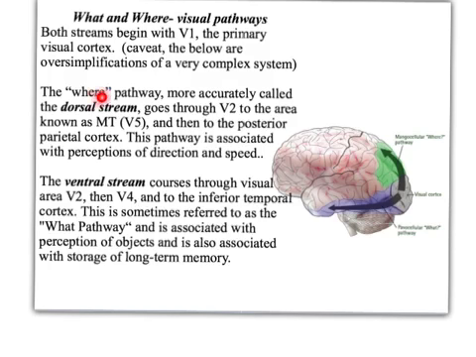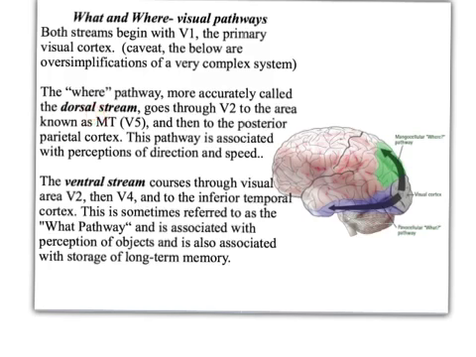The where pathway, more accurately called the dorsal stream, remember that, goes through V2 to the area known as MT, the middle temporal, and then to the posterior parietal cortex. So this is the where pathway here.